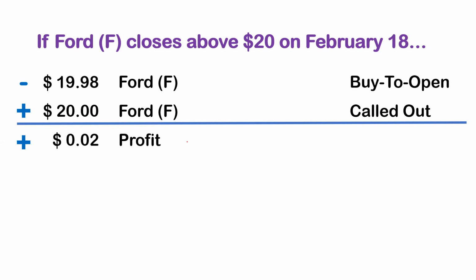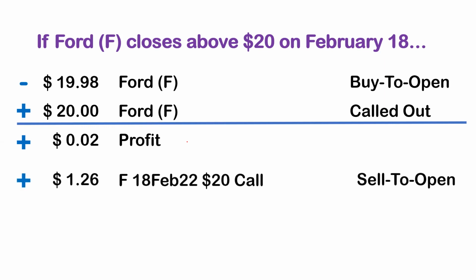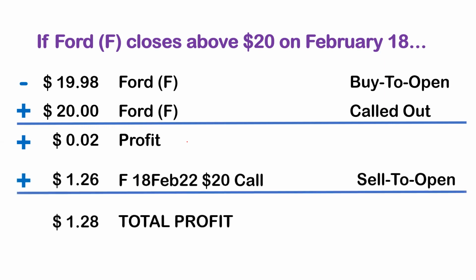I get exercised on my option. They call me out, so I make 2 cents. But I also got to keep the $1.26. So I made basically $1.28. Now, I'm not factoring in commissions here. You have to factor in your commissions, but I'm just showing you an example. So $1.28 of total profit, or a 6.9% ROI. Remember, I'm focusing on 6% ROI, so this would do better than that, right?